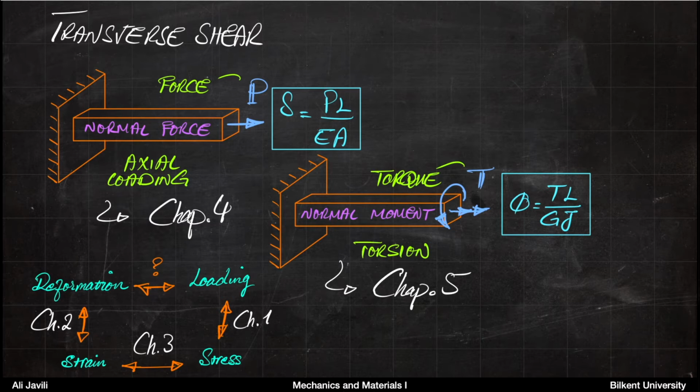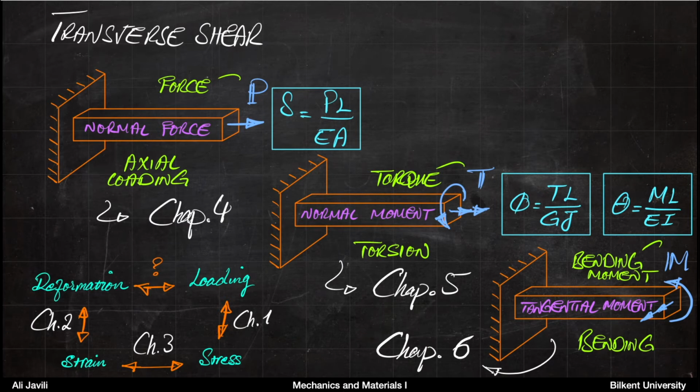In a torsion problem, in contrast to axial loading, you apply a moment, which we call torque, because that moment is a normal moment. So in a way, it is similar to axial loading because you apply a normal loading, but the loading itself is not a force, it is a moment. And then we found the angle of twist, phi, would be TL over GJ.